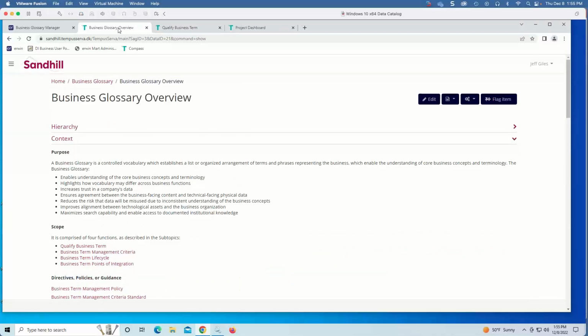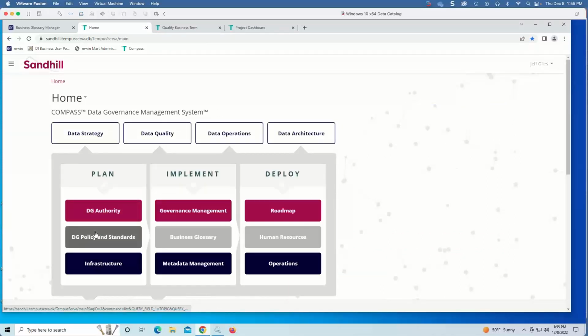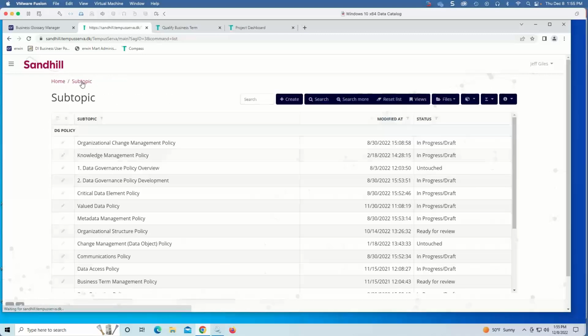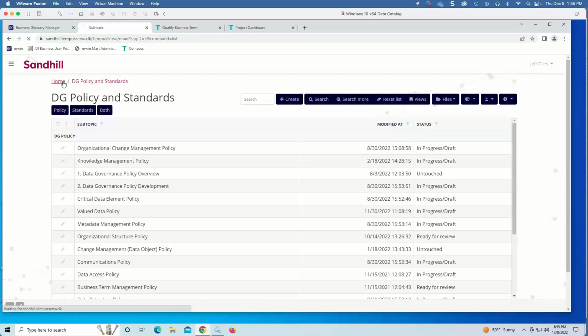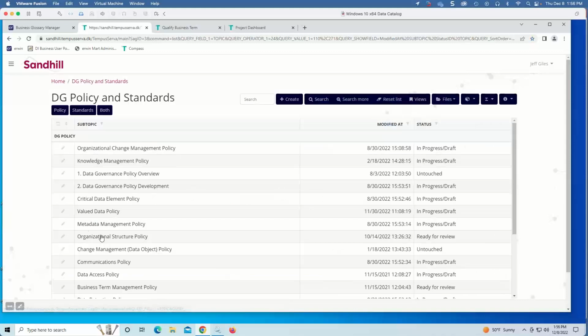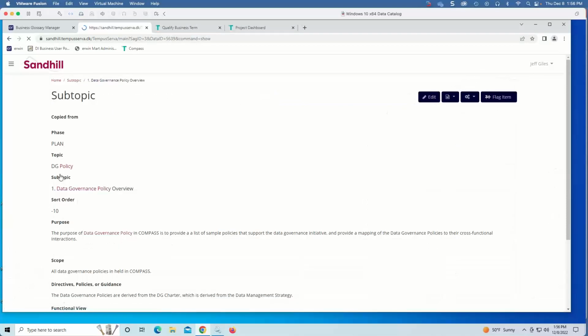Oh, I'm sorry, I clicked on the wrong thing. Hang on a sec. Policies and standards. Here we are. I should go back to the framework here. Hang on, I've got myself twisted up. Yeah, so you were right. Go into data governance policies and standards. Yeah, and then there should be an overview section in here. The third item. Oh, there it is. I was looking for it here. Okay. Yes, there it is.